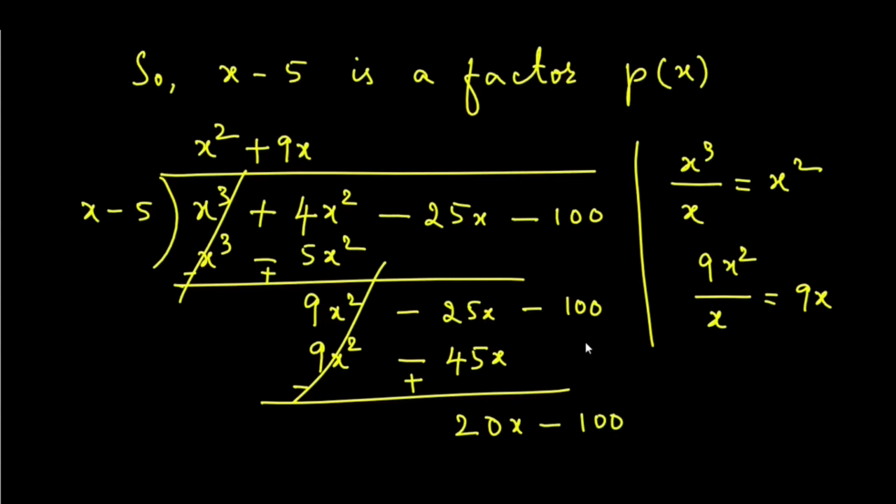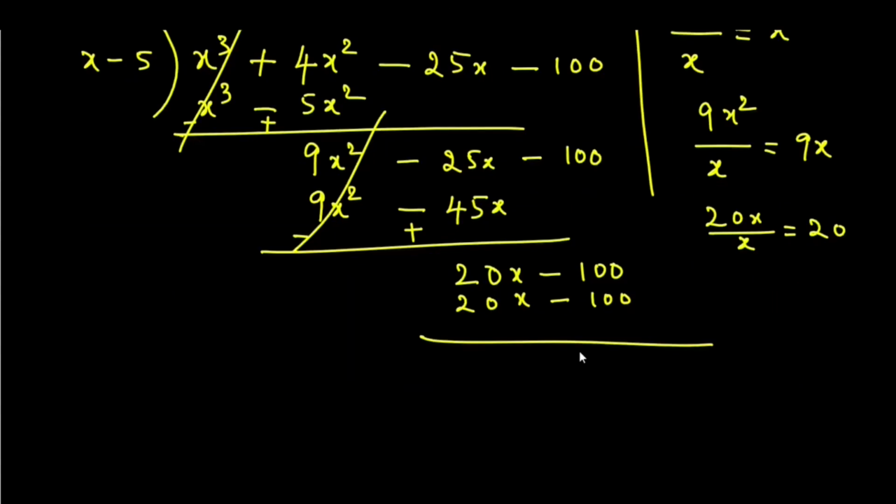The first term here is 20x. So 20x by x is 20. The next term in the quotient is plus 20. 20 into x minus 5, we get 20x minus 100. Subtracting, we get 0 as a remainder.